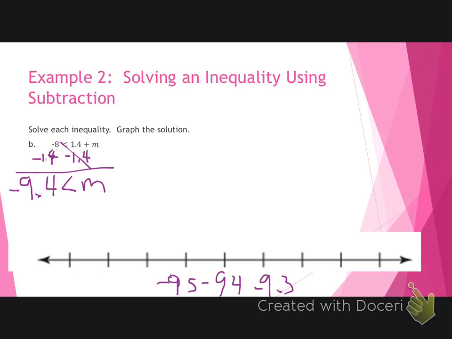So 9.4, it's an open circle because it is not equal to that. So m is greater than negative 9.4. Well, let's just try a couple numbers out. Let me just put in 0 here. Remember, 0 is going to be somewhere down over here. Is negative 9.4 less than 0? Well, yep, that's true. So we know the arrow is going to go that way.